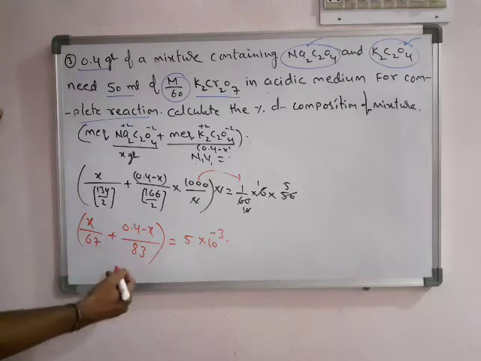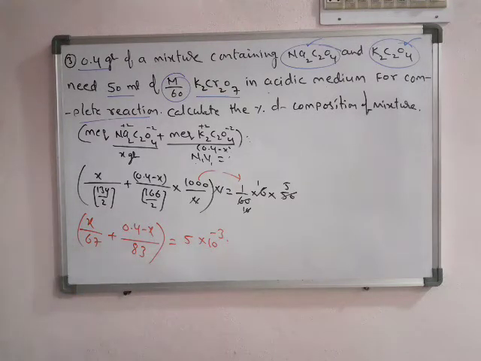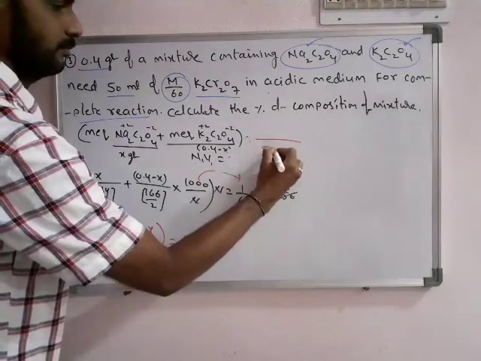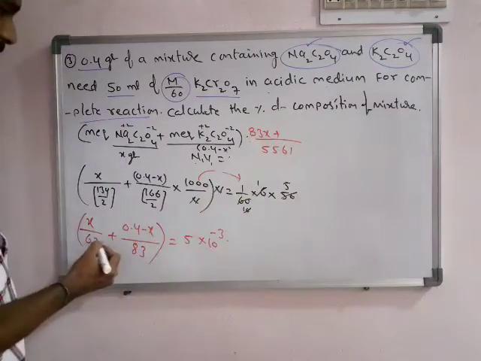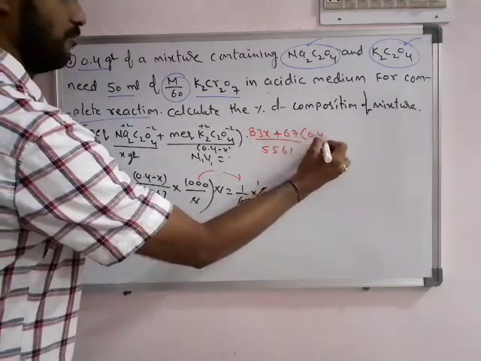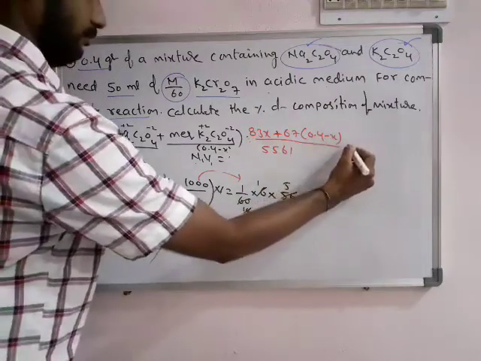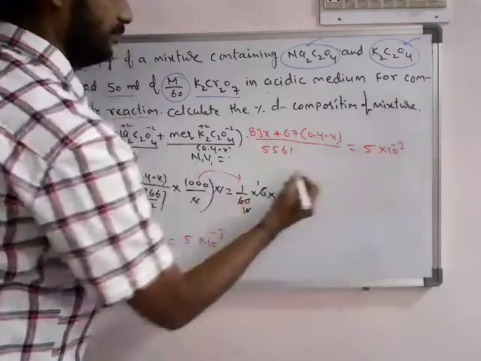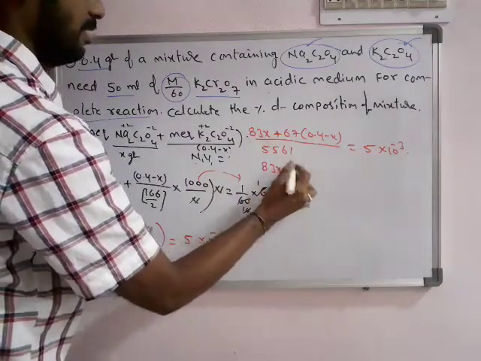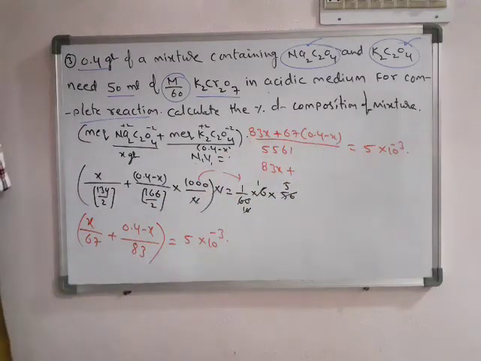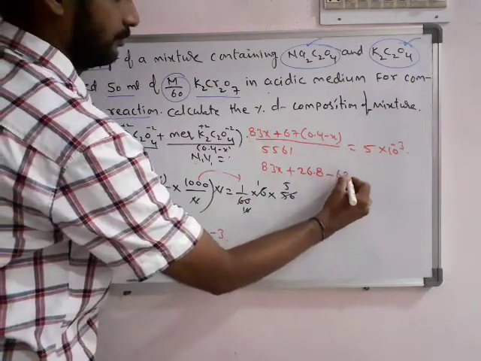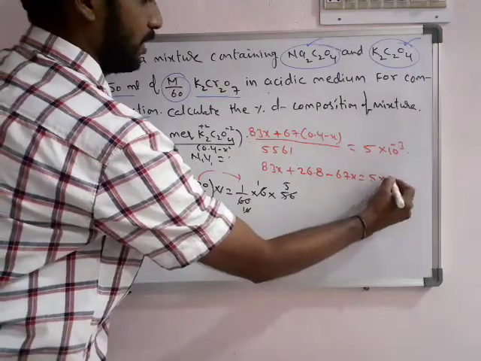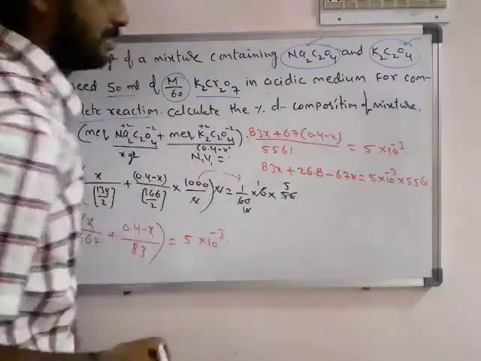So by taking LCM, here we get LCM approximately equal to 83x plus 67 into 0.4 minus x, that is equal to 5 into 10 power minus 3 into 5561.